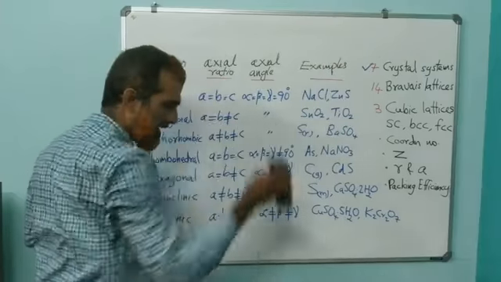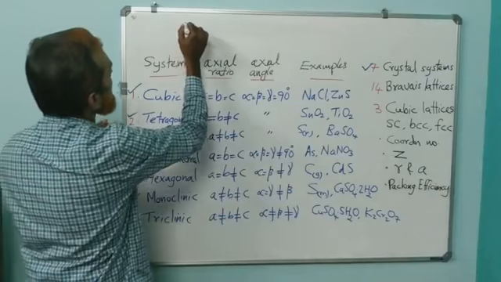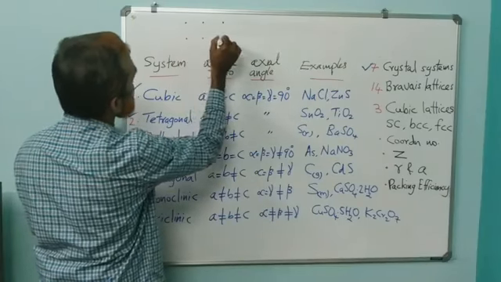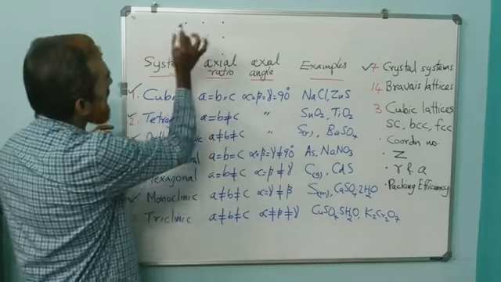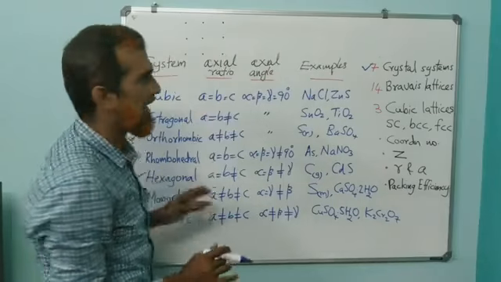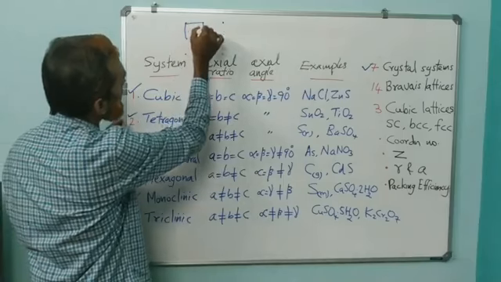Suppose this is a 2D lattice, a repetition of points where the particles are arranged. I can consider a unit lattice or unit cell here like this.